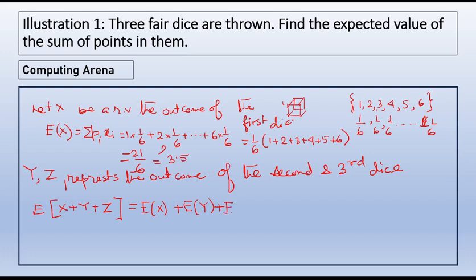Expectation of x we have already computed, and it's 3.5. Expectation of y and expectation of z will also be 3.5 each, because it is the same experiment repeated once again. So ultimately these will sum to 10.5. So the expected value of the sum of points in 3 dice thrown together is 10.5. This is how we solve the first illustration.